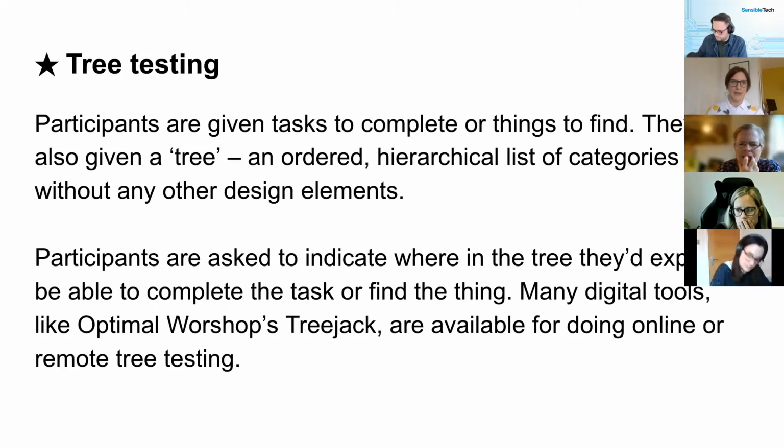Sometimes you might get a clash where equal amounts of users would put it in different places, and then it's just a case of making sure you've got strong cross-referencing. I worked on Great Western Railway sites, and there was quite a lot that could have been in either booking tickets or customer services. So we made sure that there was easy linking between the two once we put them in one part of the navigation.